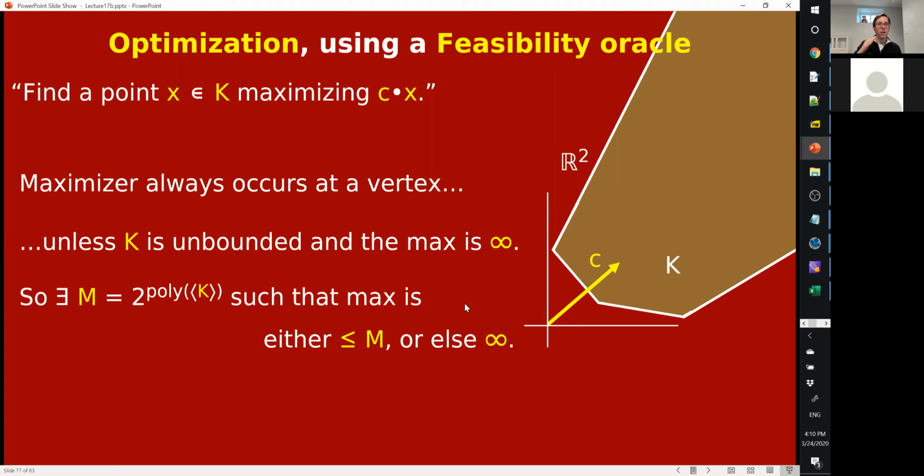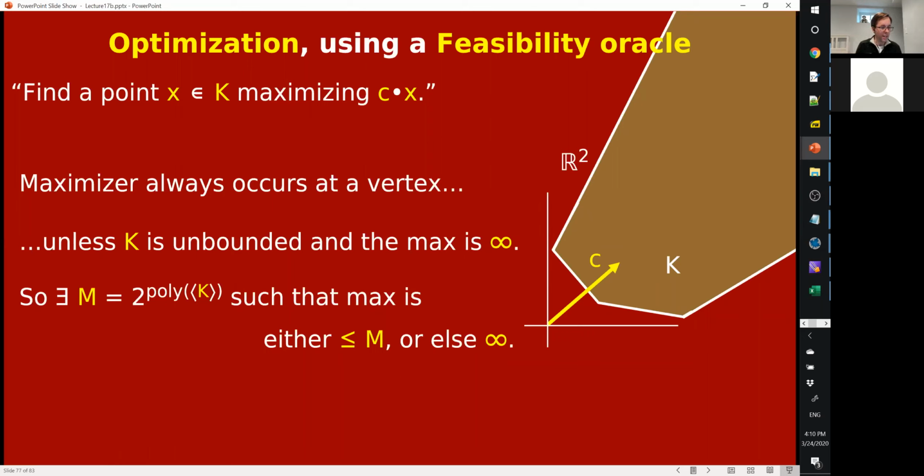If it's not infinity, then it occurs at a vertex of polynomial bit complexity. So the maximum value is either infinity or at most some number M that you can write down in polynomial time.